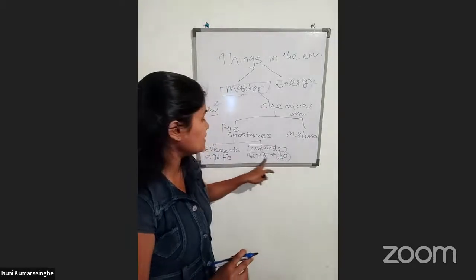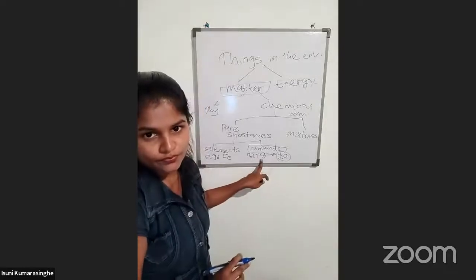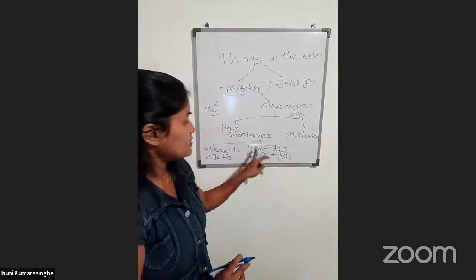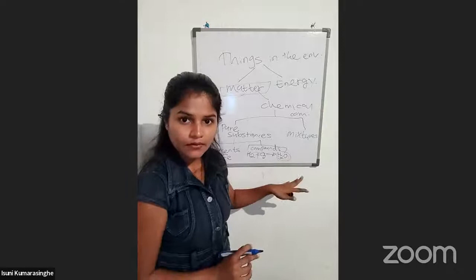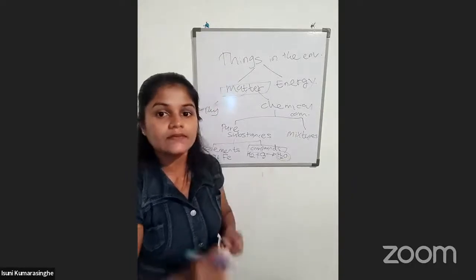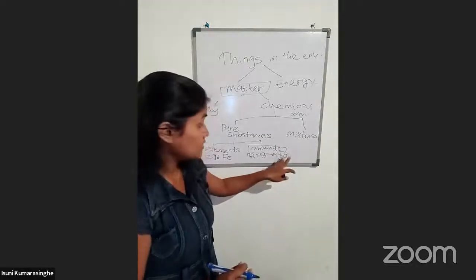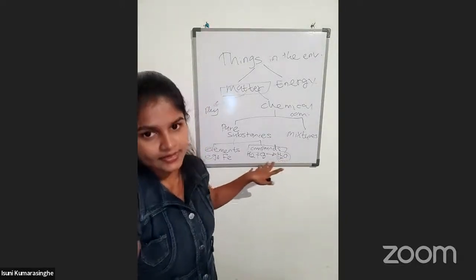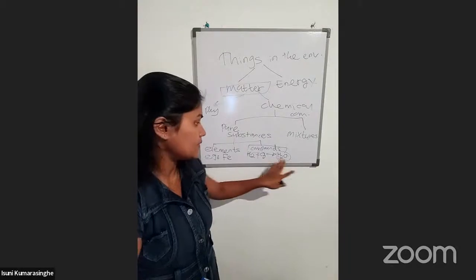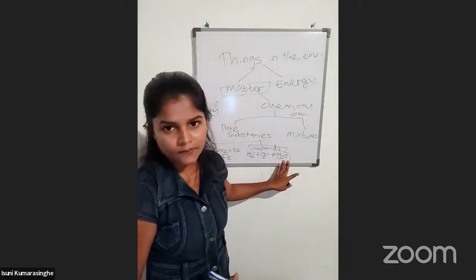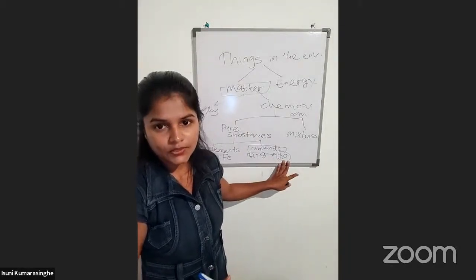This is completely different from those two. That is why we call it a compound. It's already a specific compound, which differs from its reactants. As the example, like this water. Understood?